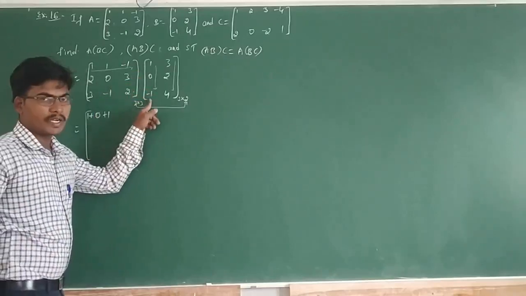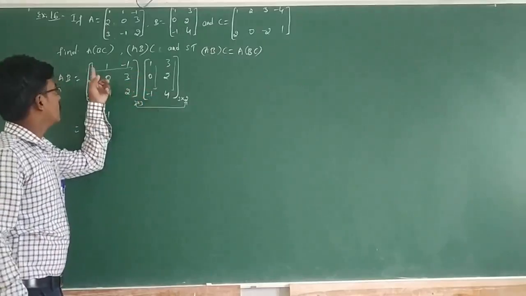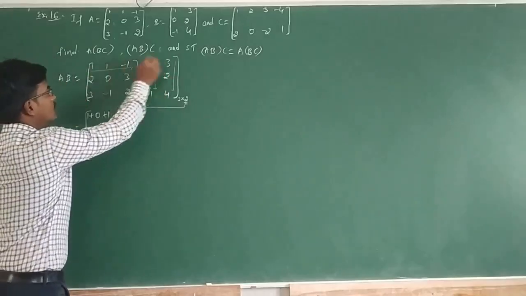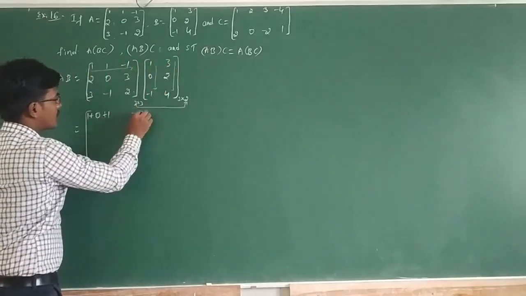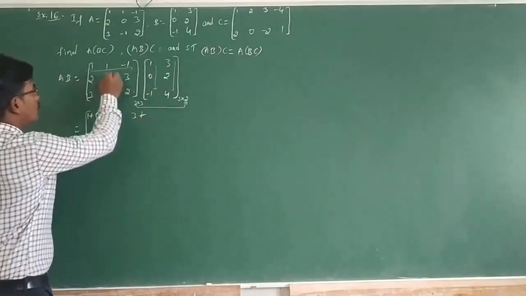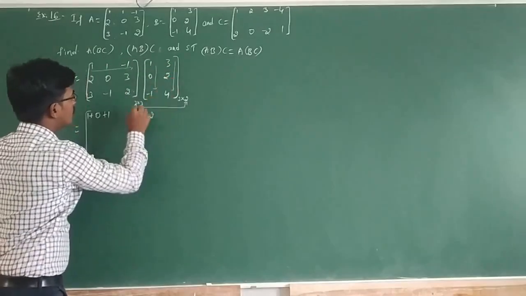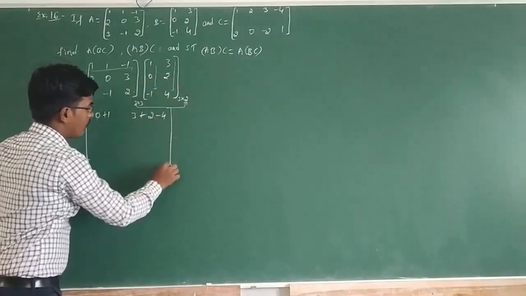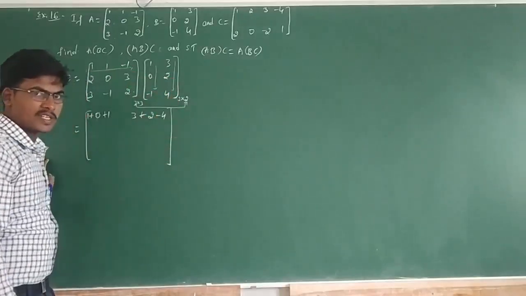First column completed. Next, the same row with the next column: 1 into 3 is 3, plus 1 into 2 is 2, plus minus 1 into 4 is minus 4. First row is complete.